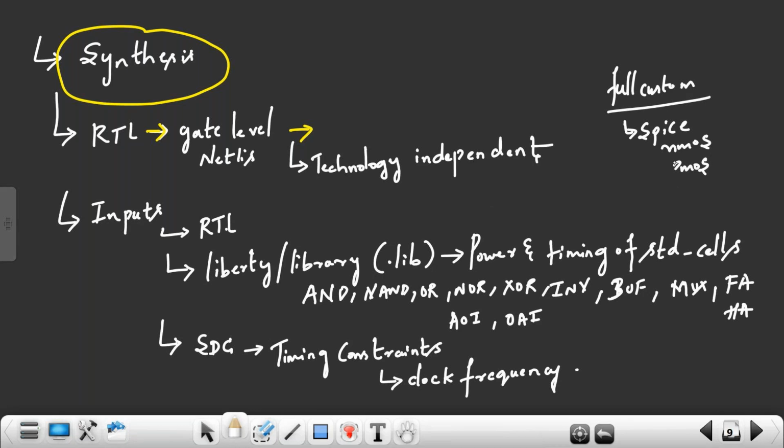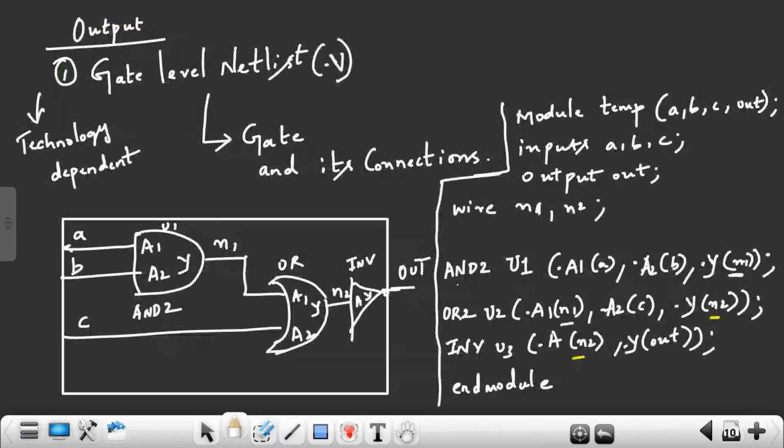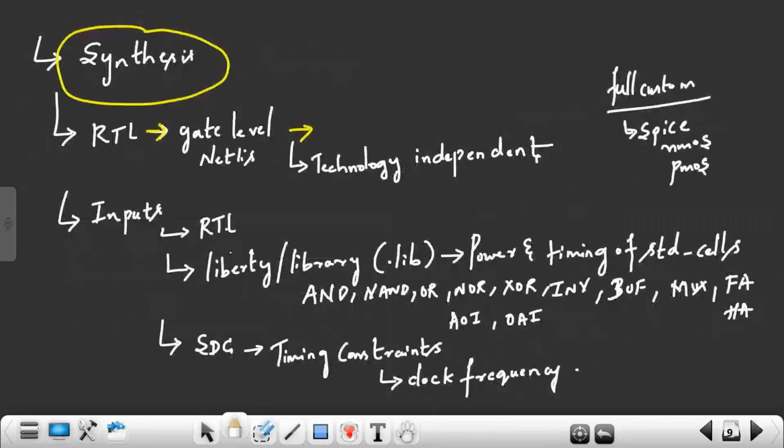So this Liberty file changes with technology. So we are picking the cells from what? Liberty file, right? If I have a different Liberty file, I will have different names here, correct? These names are picked from which file? Liberty file.